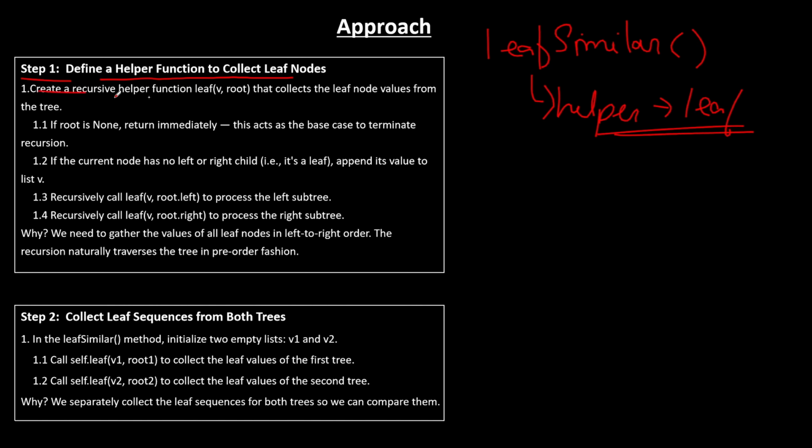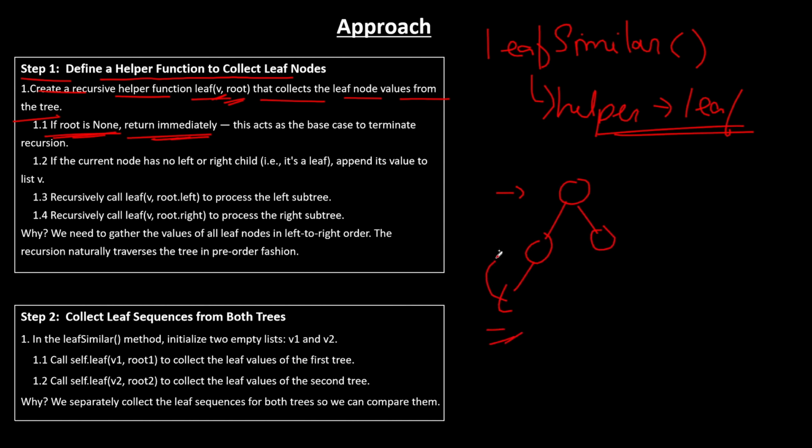We create a recursive helper function leaf which takes a list and a root, that collects the leaf node values from the tree. If the root is none, we return immediately, because suppose this is a tree, and if you check, okay, we don't have any node here, we return, right? If we don't have any node, we return. Fine.